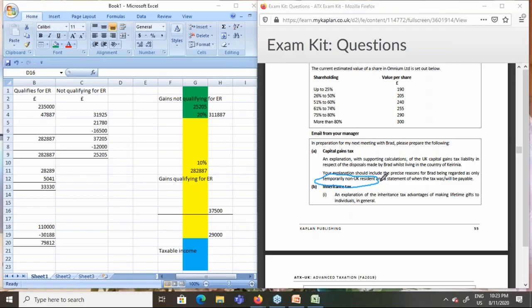So if you are absent from the UK for a period of less than 5 years, that means within 5 years you have returned to the UK, and if you have sold an asset at a gain while you were absent from the UK, though you were not a UK resident, you will be subject to CGT once you return to the country.